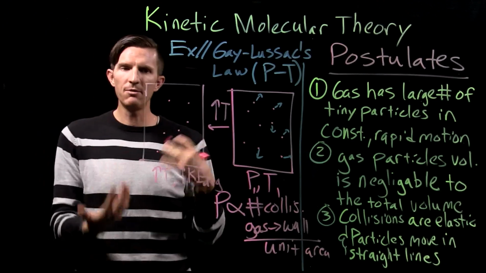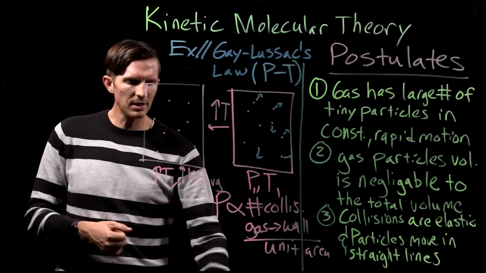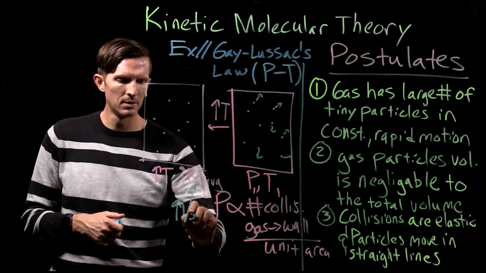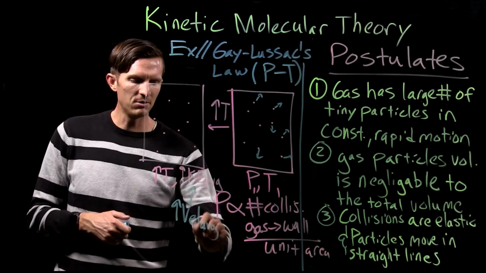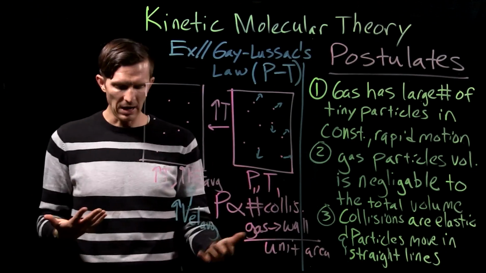So if we increase the average kinetic energy, what does that mean for our particles? That increase in average kinetic energy means we have an increase in our average velocity. So these particles are moving faster on average.